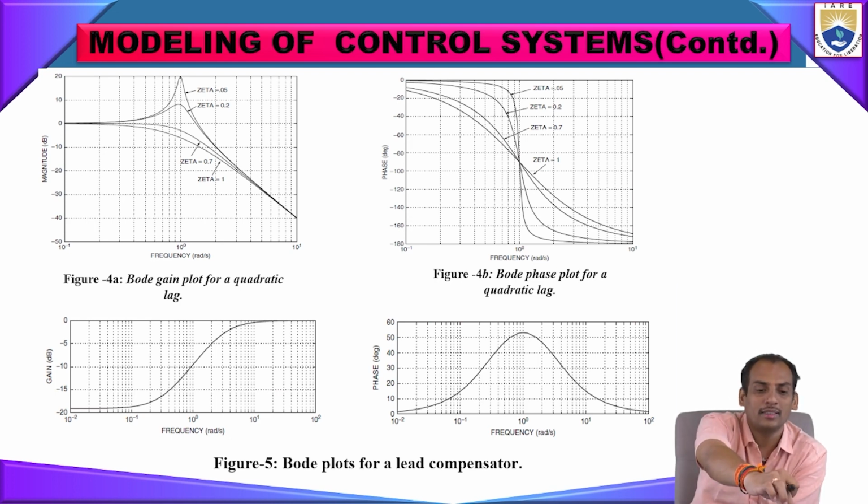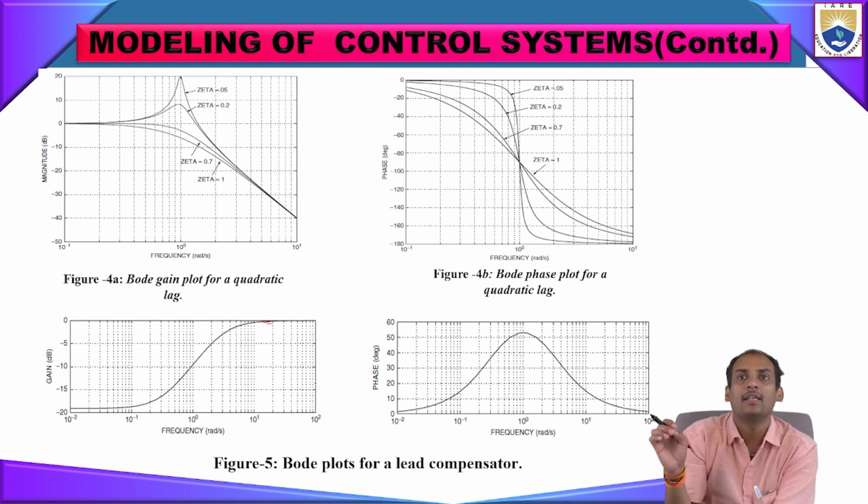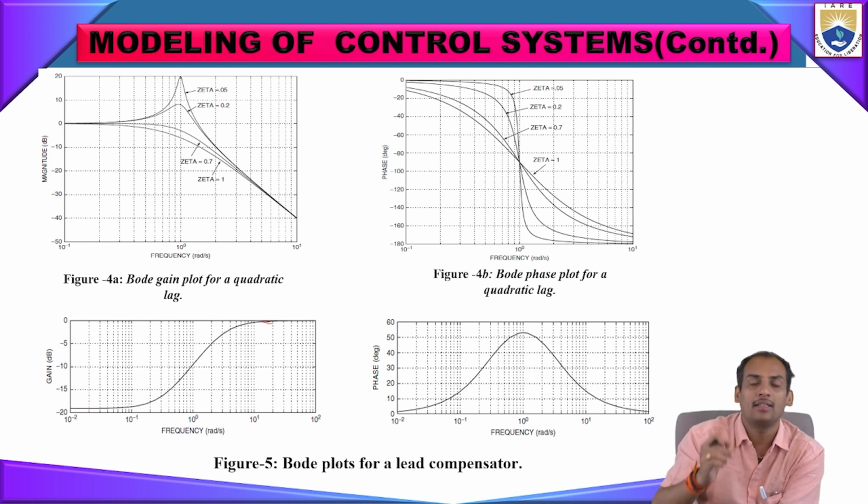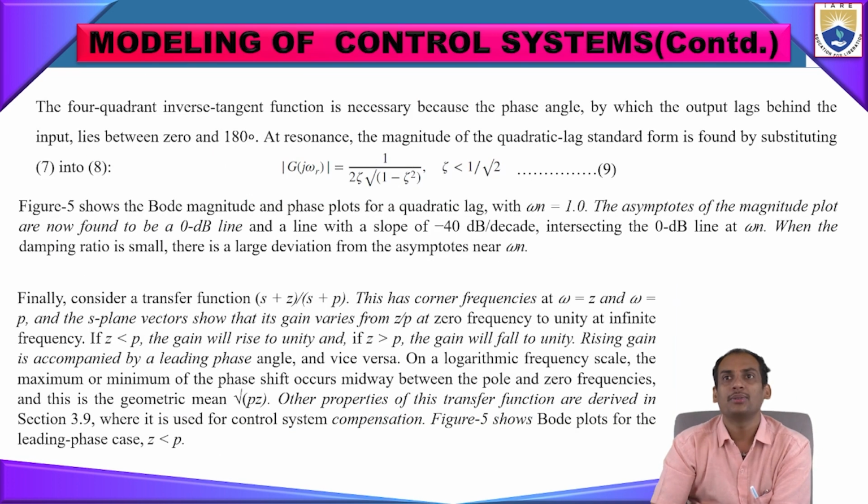So we can say that this almost touches that 0 decibel line, but it does not necessarily touch. There is a small deviation from the 0 decibel line. So when the damping ratio is small, there is a large deviation from the asymptotes near omega n.